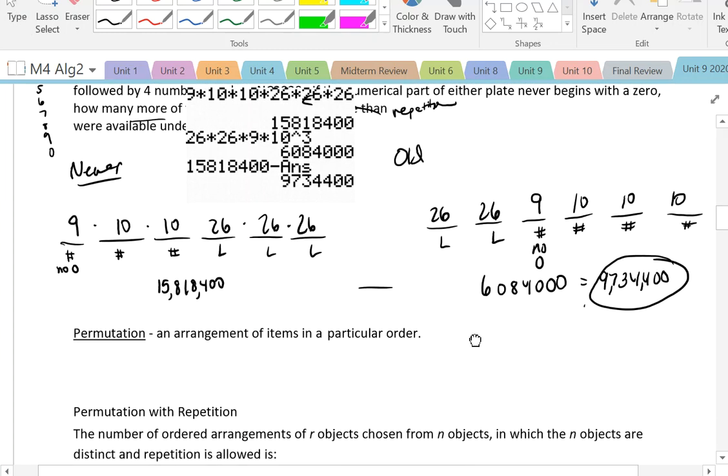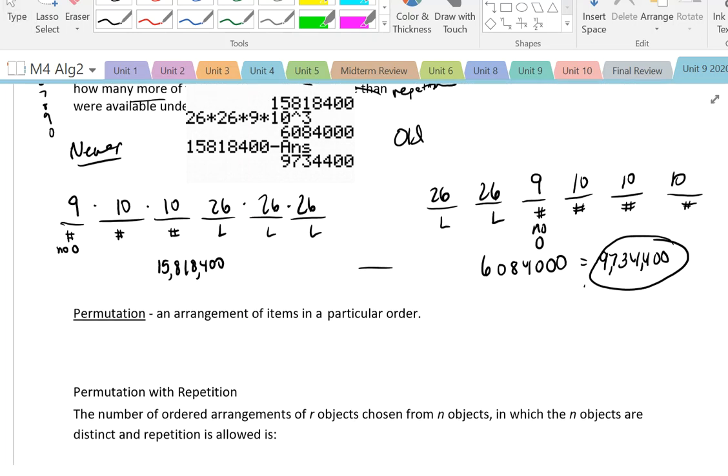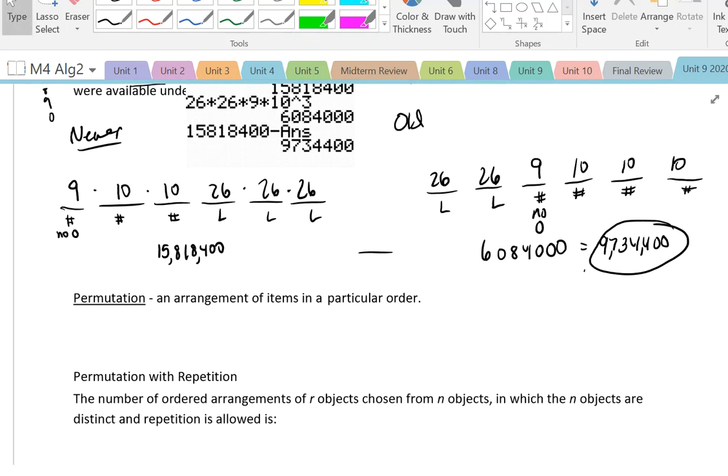So when I have repetition allowed, we are choosing objects from n objects where the n objects are distinct and repetition is allowed. So that's like my being able to press the same button again.